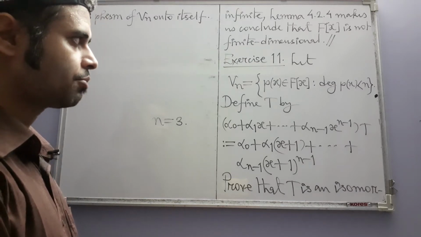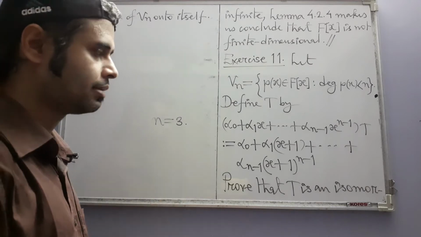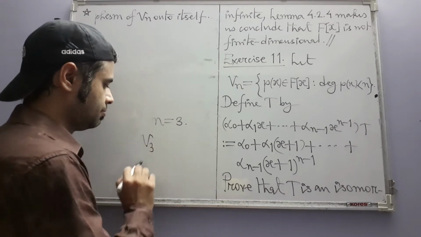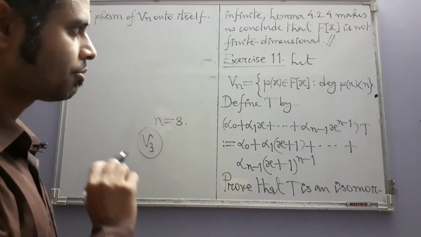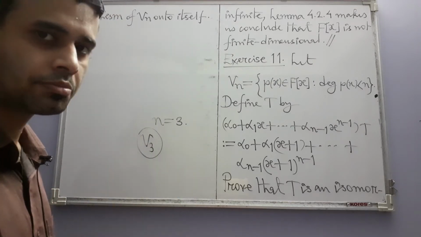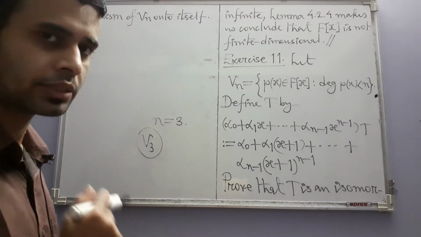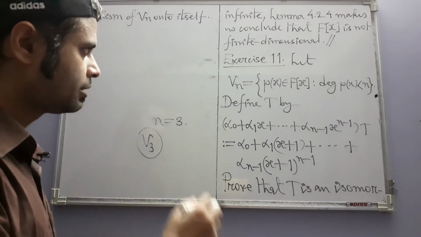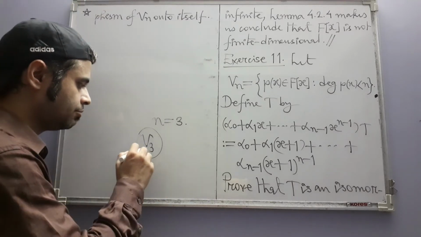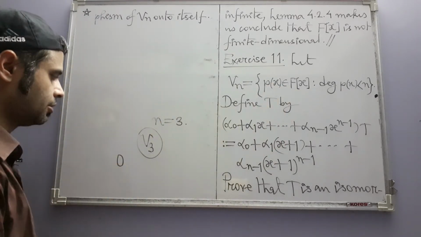So we have in V_3 all the polynomials in F[x] that are of degree 0 as well as all the polynomials which are of degree 1, that is linear polynomials, as well as all the quadratic polynomials. But among all these polynomials there is one polynomial which in fact does not appear in V_3 if the definition of V_3 is just this, and that is the 0 polynomial.